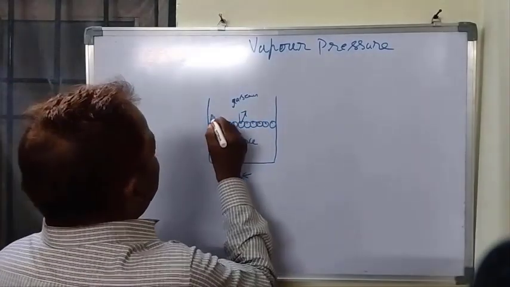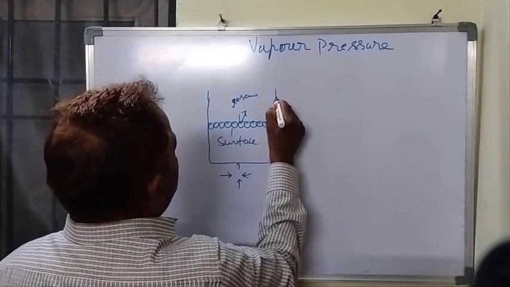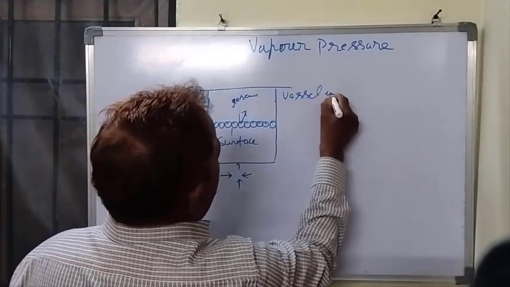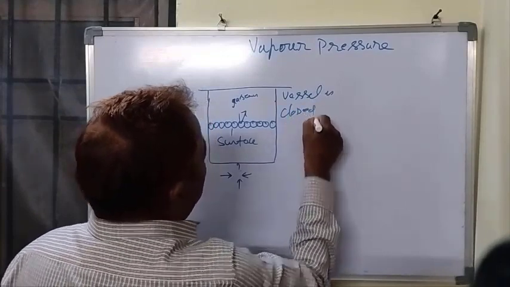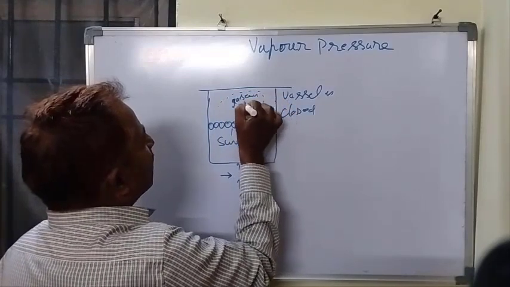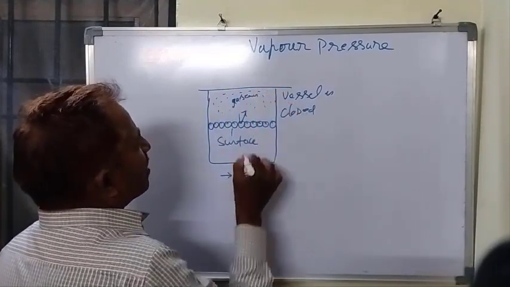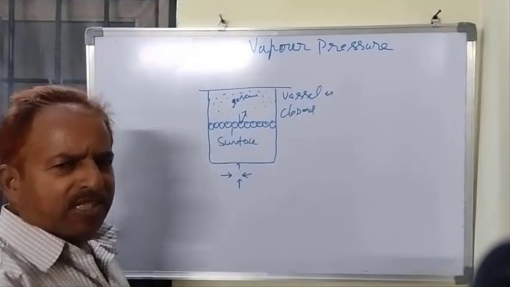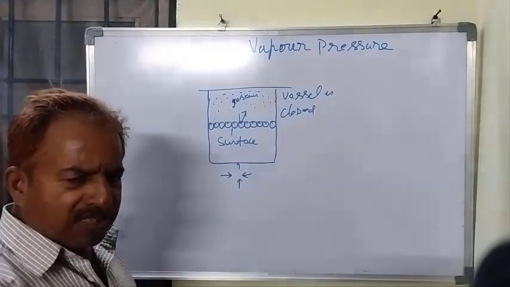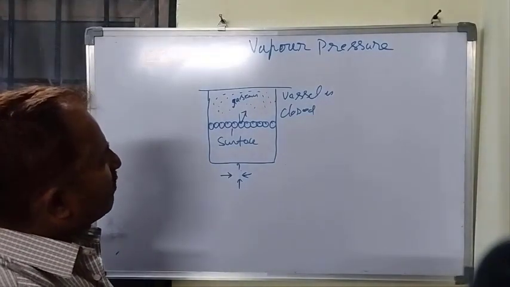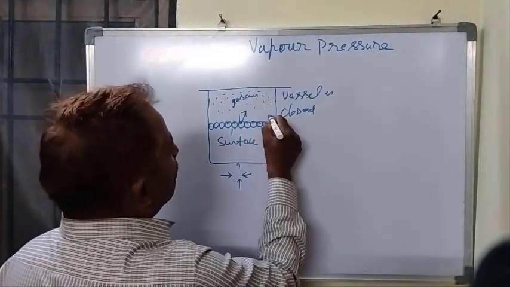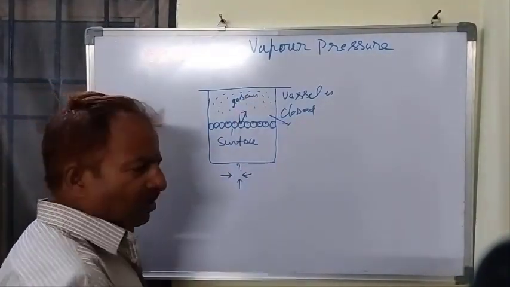Now, if we keep a lid, if this vessel is closed in this manner, the particles which escape from the surface are trapped within the empty space above the liquid. The particles in vapor phase are trapped within the empty space above the surface. Now this space is filled with vapor particles.